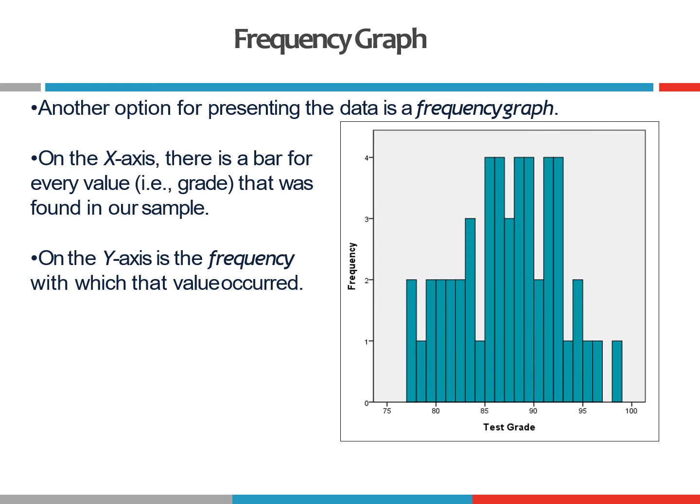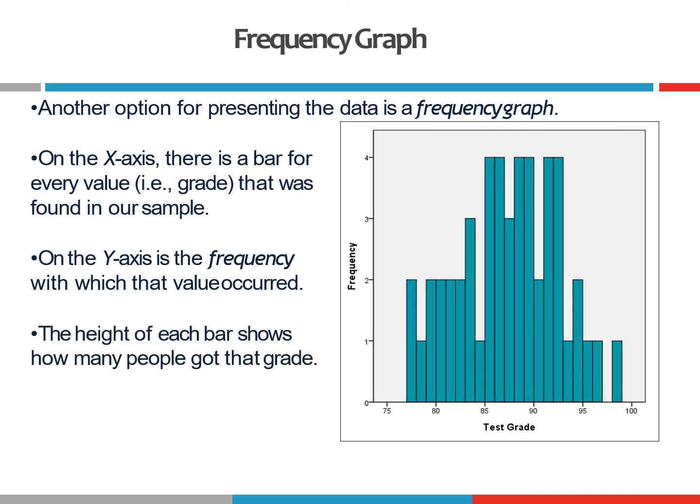And as the bar gets higher, that's going to indicate a greater frequency, right? So on grades that had a higher frequency, such as an 83 or an 87, those would have the frequency of 4, as you can see by looking at the y-axis. Okay, and again, the height of each bar shows how many people got that grade.